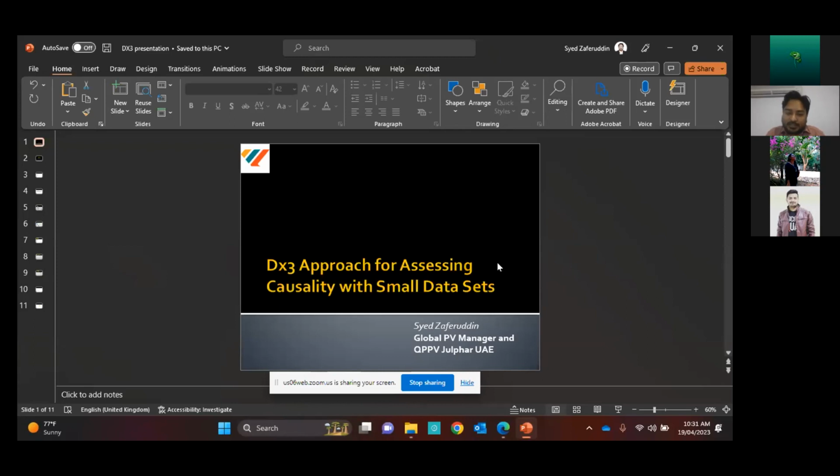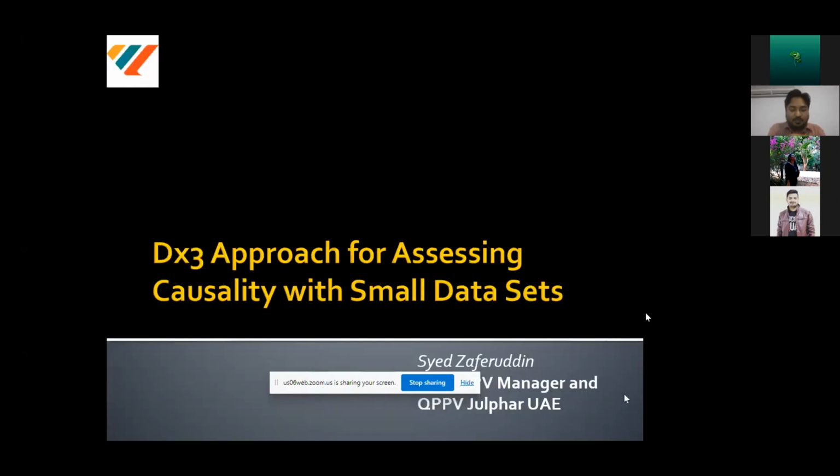While processing this information, you come to a very important aspect of this exercise: causality assessment. You need to establish a causal relationship between the reported adverse event or drug reaction and the drug.